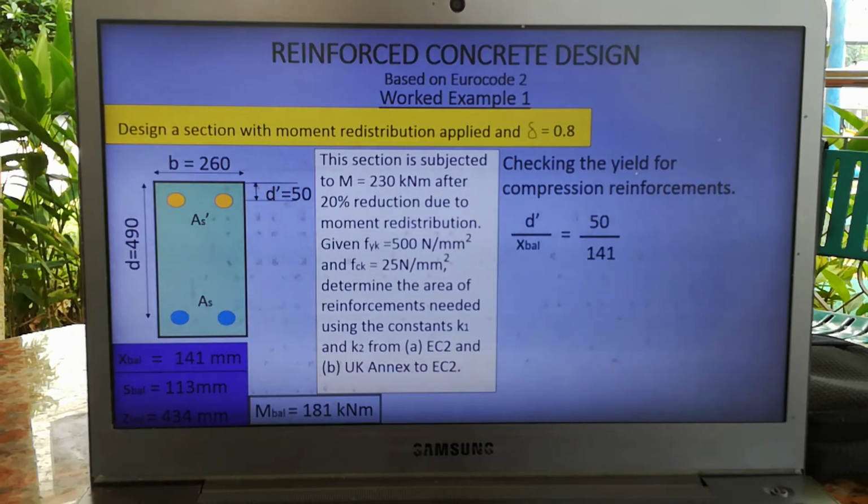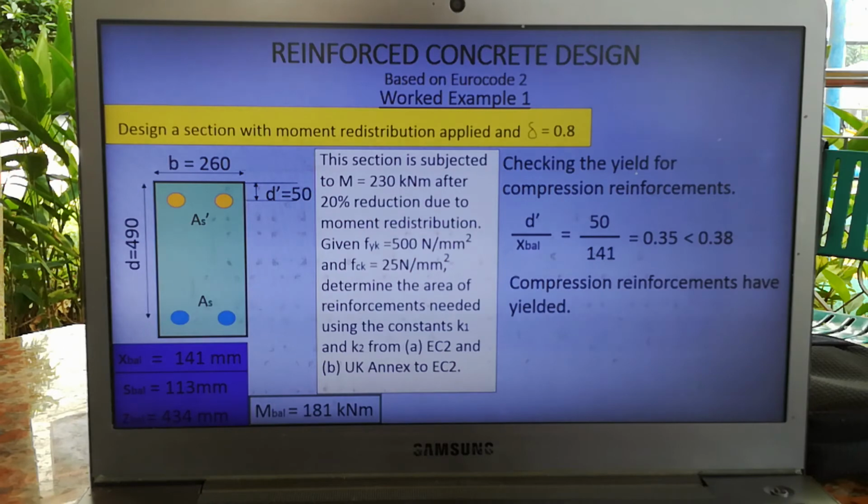Taking the ratio of depth of compressive reinforcement to the depth of the neutral axis. 50 is the depth of compressive reinforcement. 141 is the depth of the neutral axis. The answer is 0.35, less than 0.38. This means the compression reinforcement has yielded. We can use its full strength.